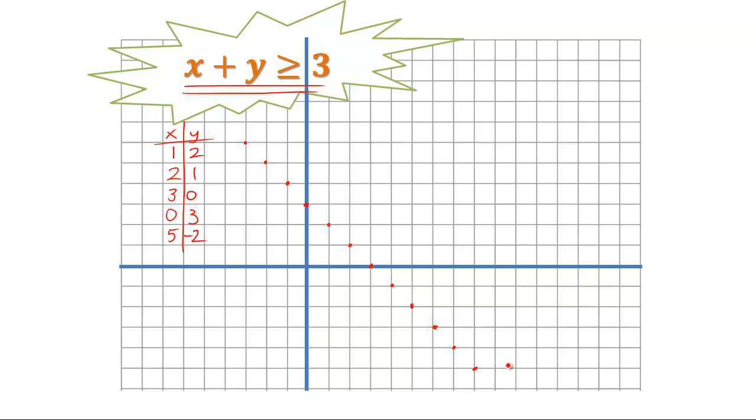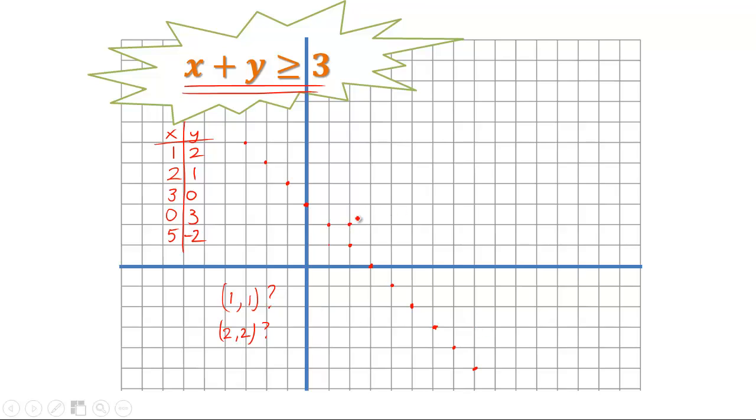But the question now is, what are the points that are going to make it greater than or equal to 3? Is (1, 1) going to work? Well, 1 plus 1 is 2, and that doesn't work. What about (2, 2)? 2 plus 2 is 4. Yes, it's greater than or equal to 3.